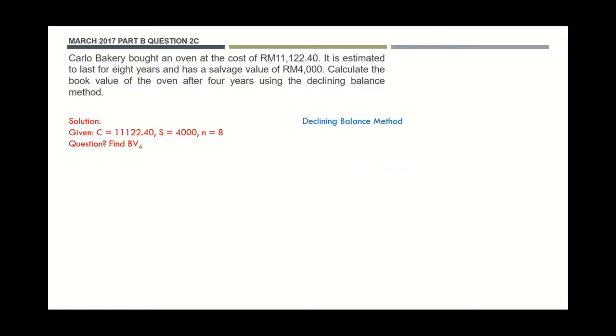So if you are using the declining balance method to solve the problem, the first thing that you need to do is to determine the depreciation rate R. So in this case, we are given the value of C and S, and also the value of N. So which means that we can use the formula R equal to 1 minus the Nth root of S divided by C to determine the depreciation rate.